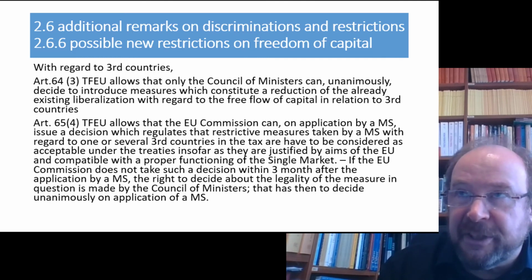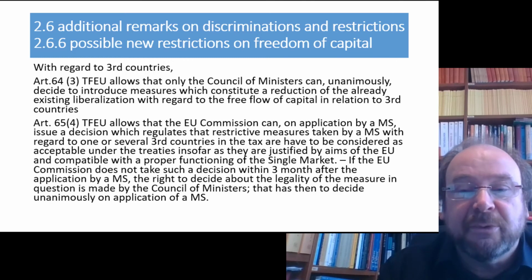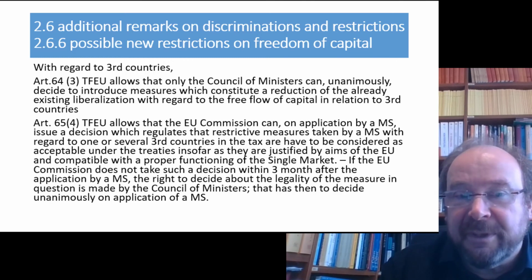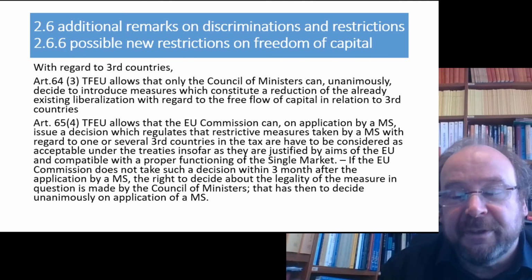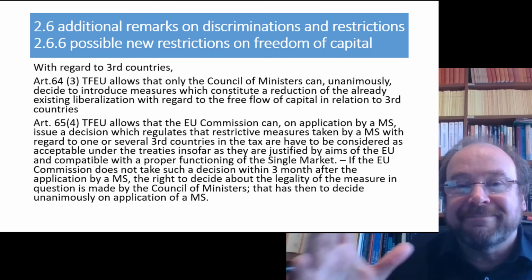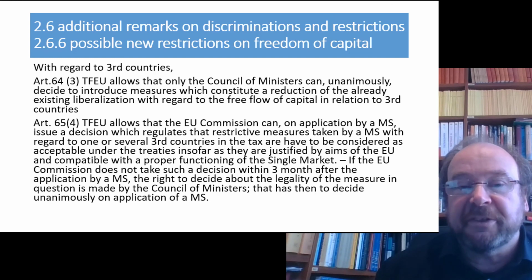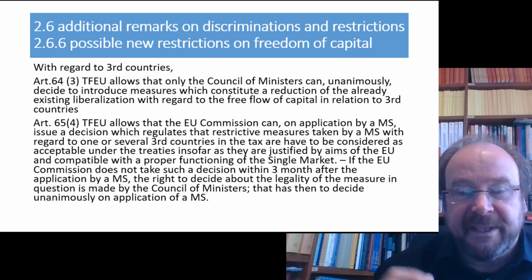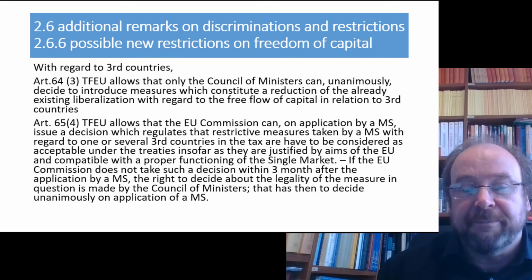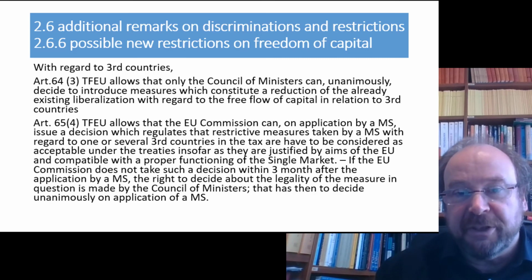Is this measure which the EU Commission has approved really compatible with the common market and with the aims of EU law? And so this is not an unrestricted permission to do whatever a state wants with the permission of the EU Commission.